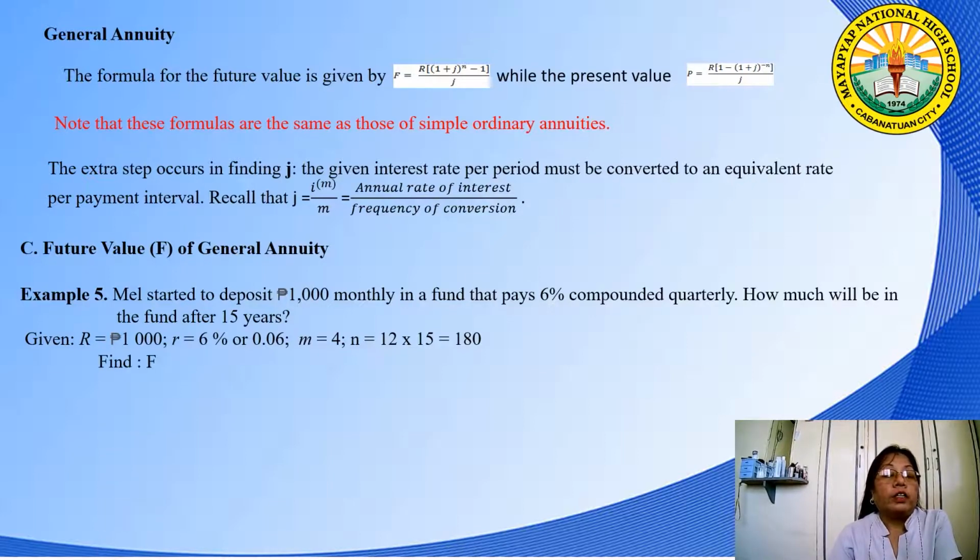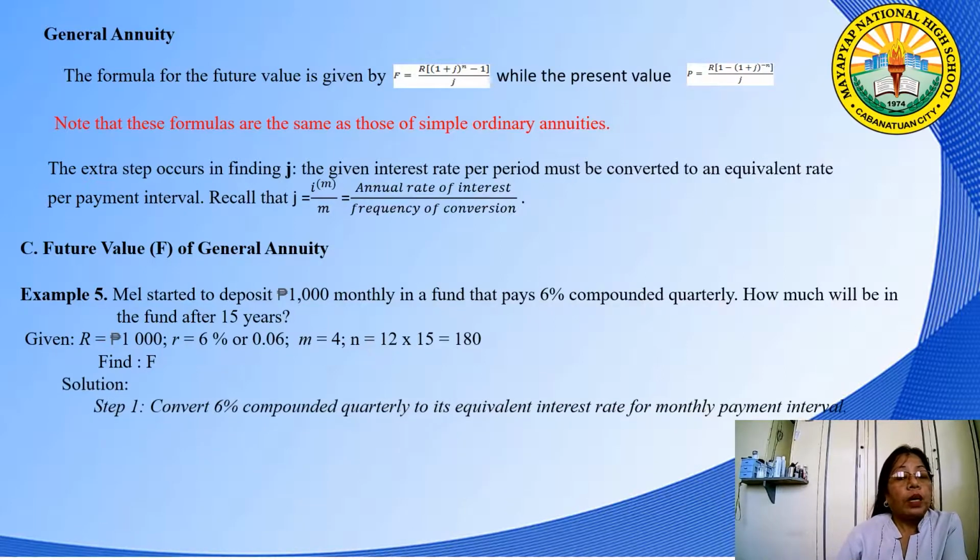Since payments are monthly, the interest rate of 6% compounded quarterly must be converted into its equivalent interest rate, that is, compounded monthly. So our first step is to convert 6% compounded quarterly to its equivalent interest rate for monthly payment interval.